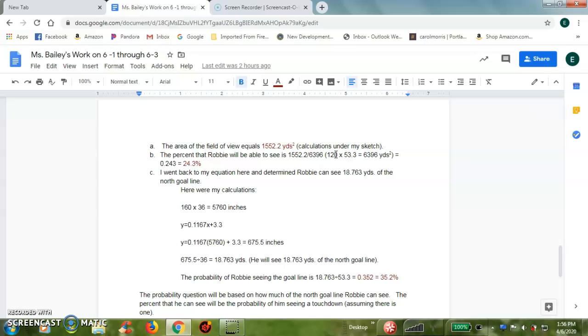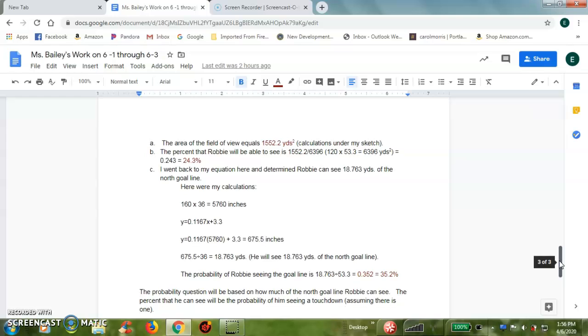So 120 is the length and the width is 53.3. So I have 6,396 yards squared. And I did check this with the answer key just to make sure I did that right, and I did. So basically it's 1,552 divided by 6,396. I got 0.243, which is about 24.3%. So that's the percent he can see.